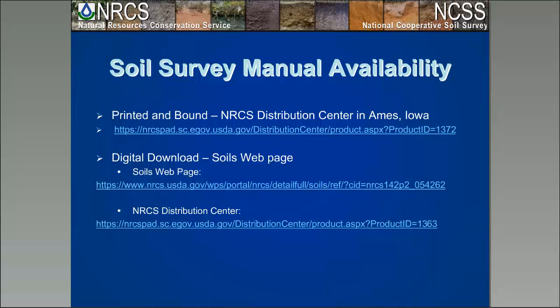What about those soil scientists around the world that English is not their first language? Are there any plans to generate a translated edition of the manual? It depends on demand.